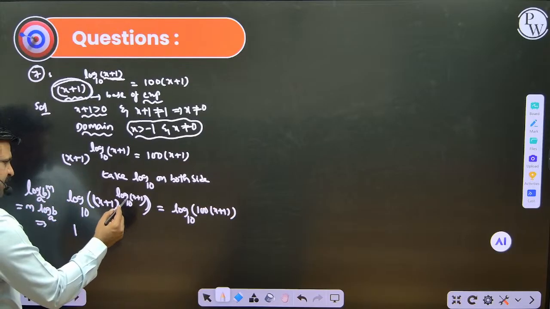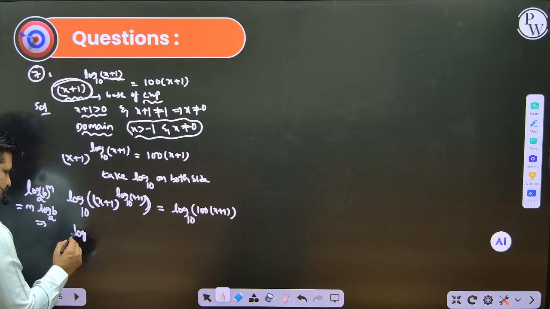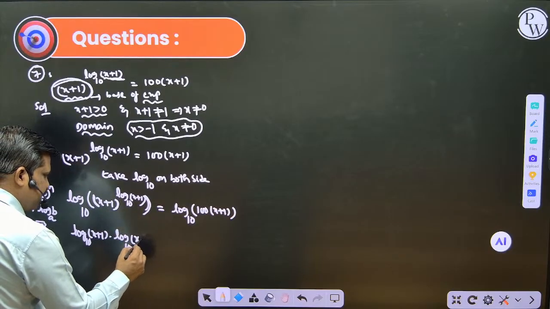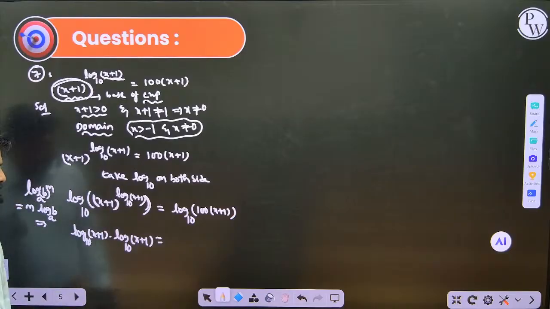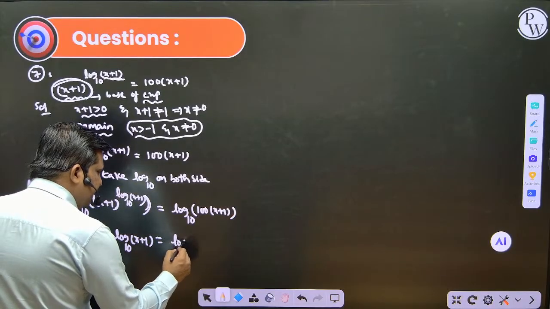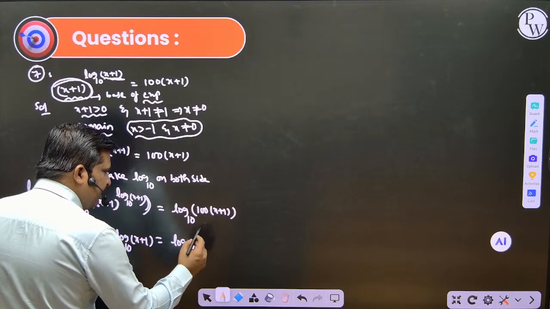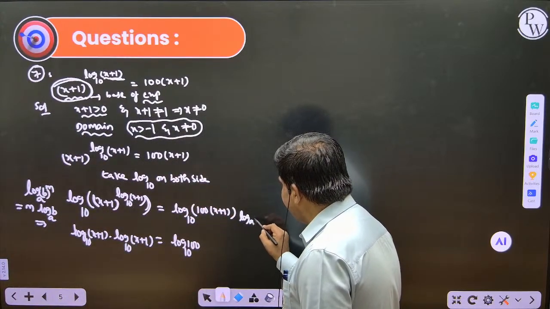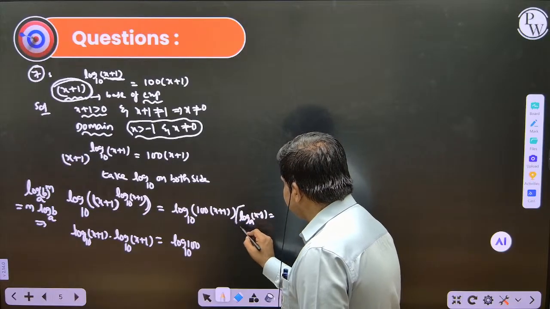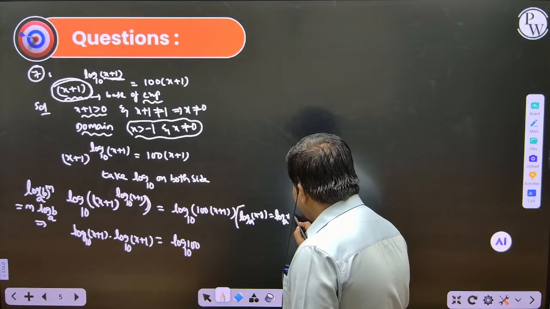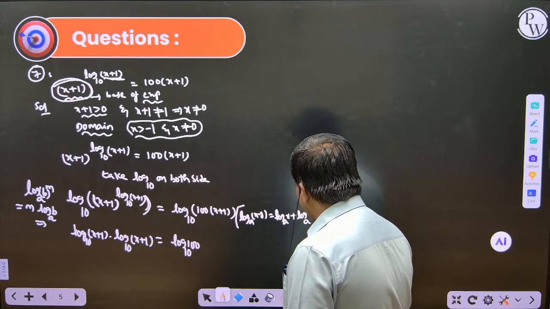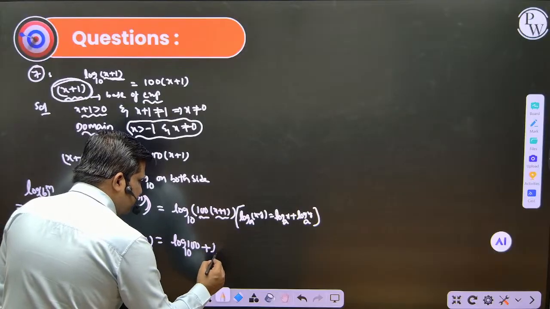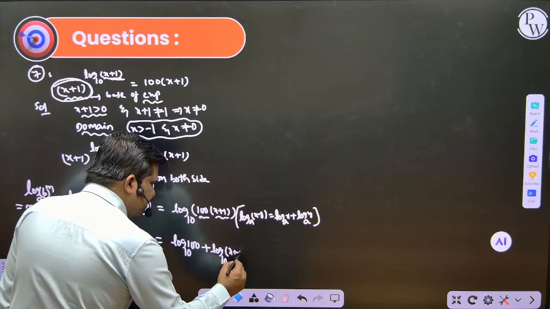So in place of m, we have log base 10 of x plus 1 into log base 10 of x plus 1 is equal to, here also you write the terms, that is log base 10 of 100, because you also know the formula: log base a of xy can be written as log base a of x plus log base a of y. So this is x and this is y, plus log base 10 of x plus 1.